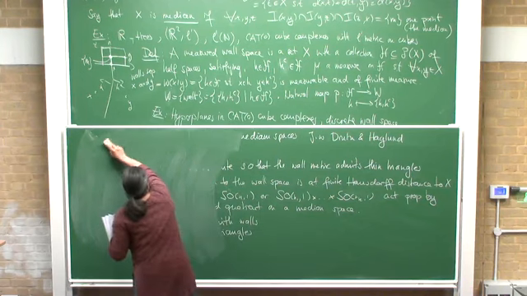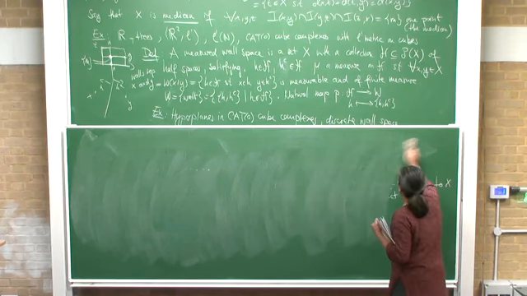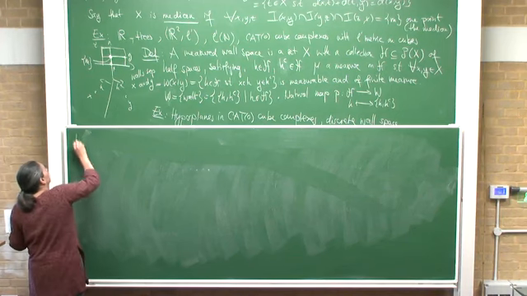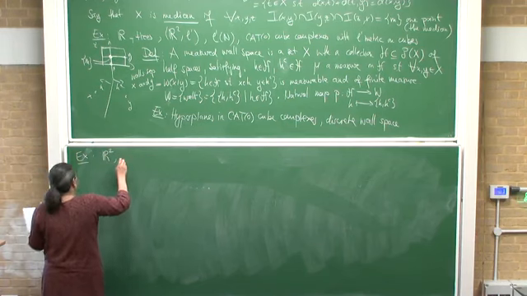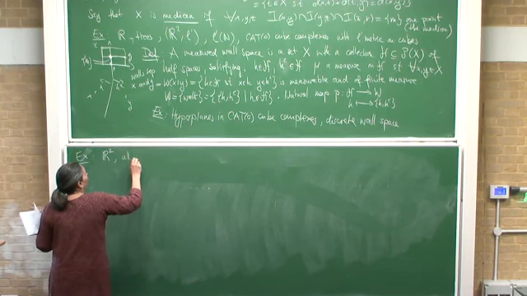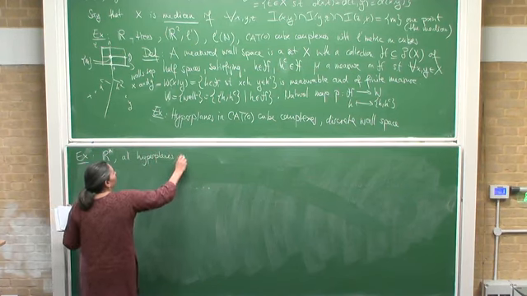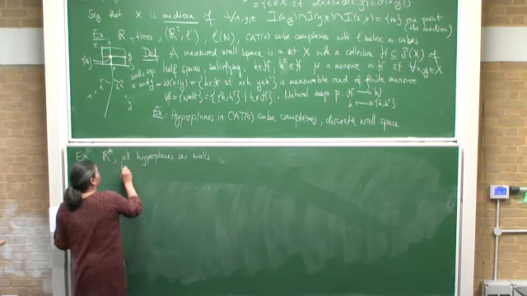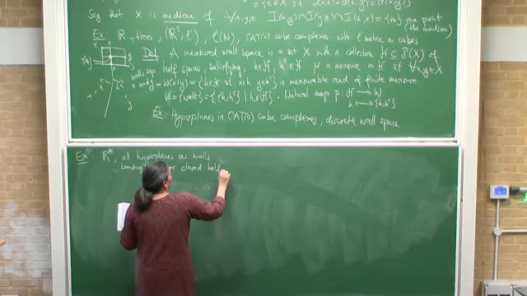Right, so another example. Two other examples: R^2, and on R^2 I take all hyperplanes, well, I could do R^n, all hyperplanes, and as half spaces I take either open or closed bounding half spaces.